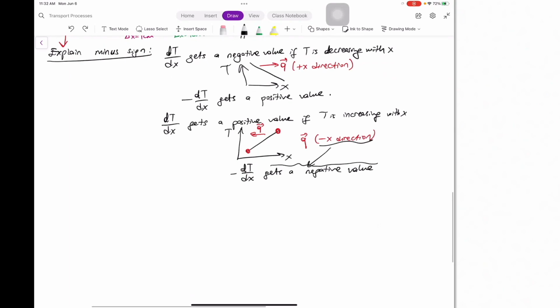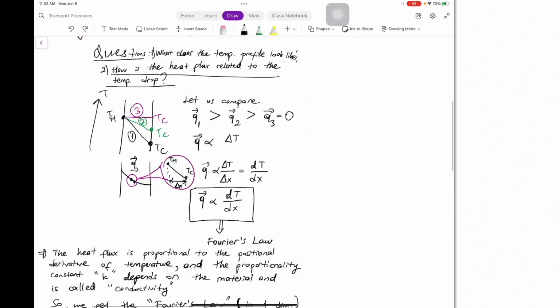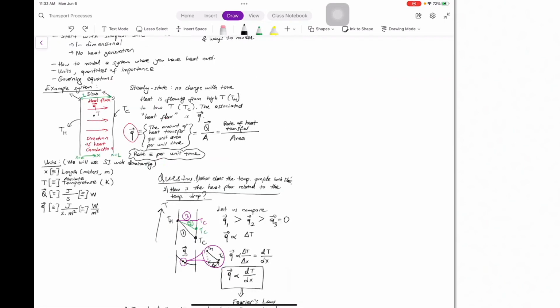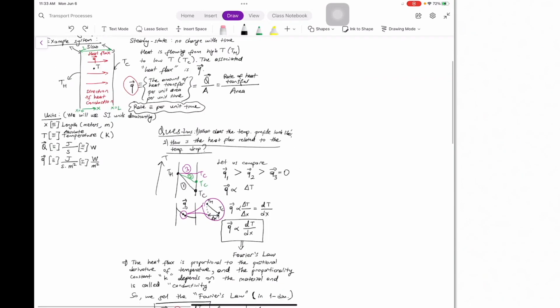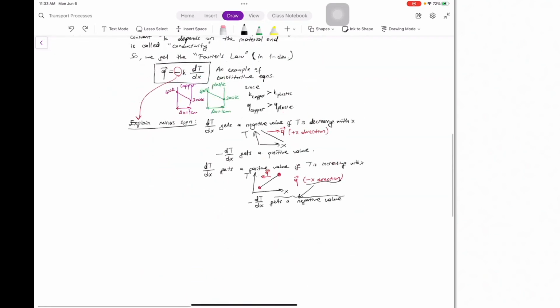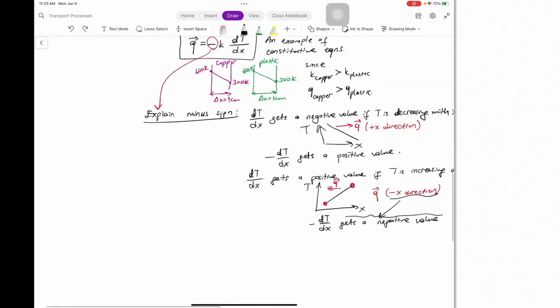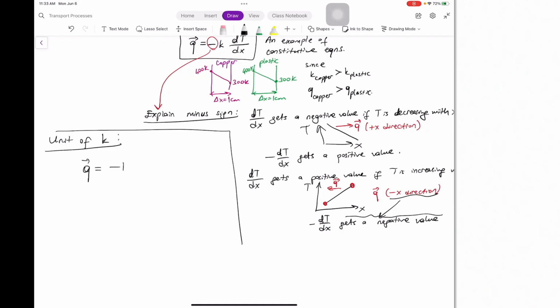Okay. If you don't have any questions, now look at what we left here. We talked about the units, right? We defined a new quantity called K, and let's define the units of K. So we said that q is equal to minus K dT over dx.